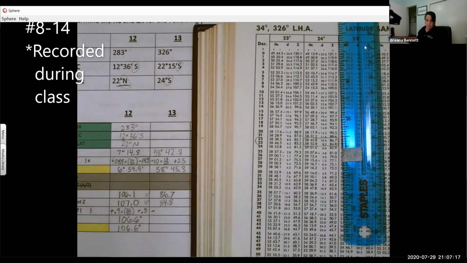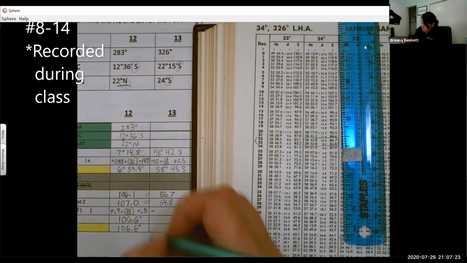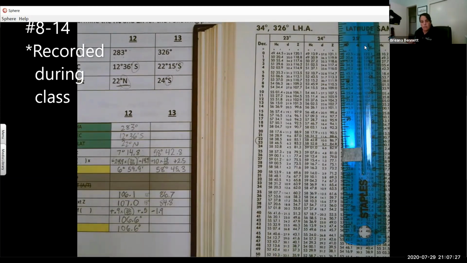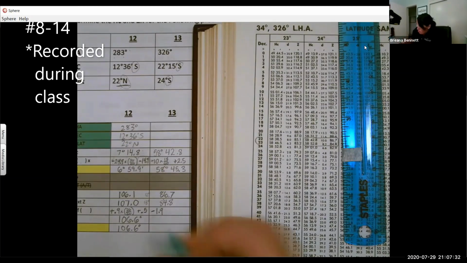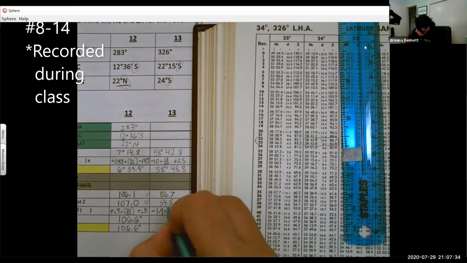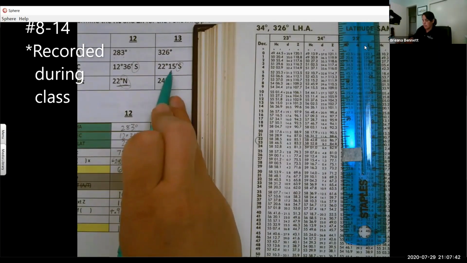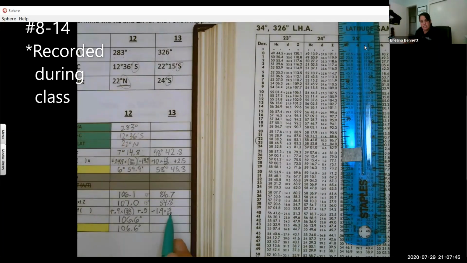And how much am I going to be subtracting? 1.9 degrees, but I'm only subtracting 15/60ths of that because my declination was 22:15 minutes. So I'm doing 15/60ths times my 1.9.